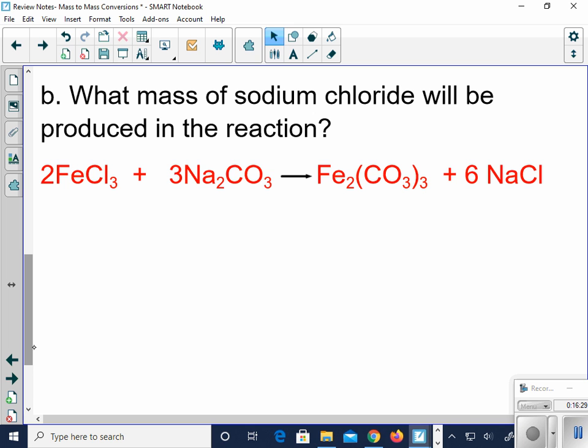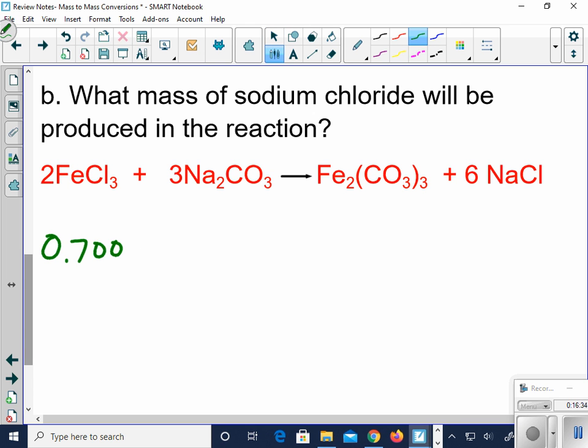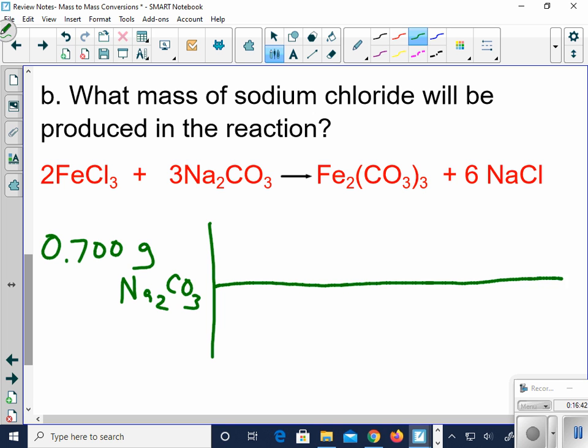And what was given to me was that 0.700 grams of Na2CO3. Now, once again, I'm going to set up my conversion box, and I have a big, long one here because I'm going to have to do a few steps again.